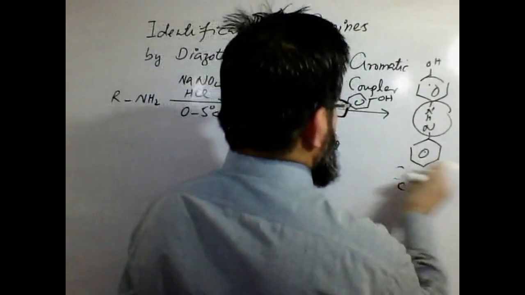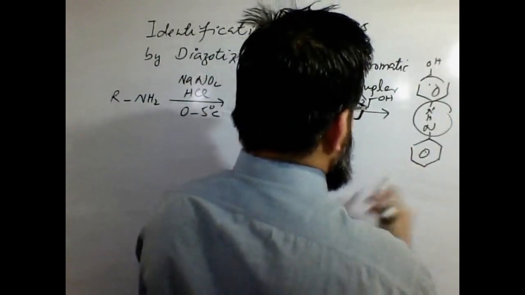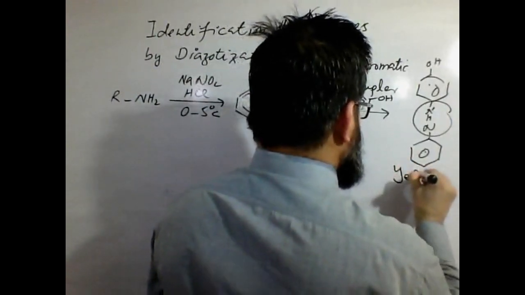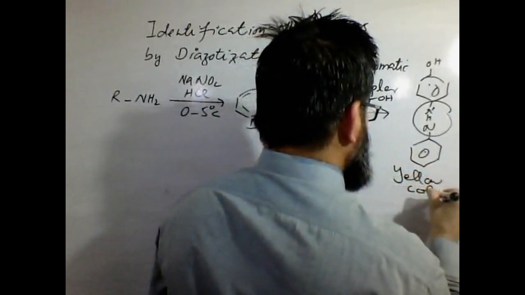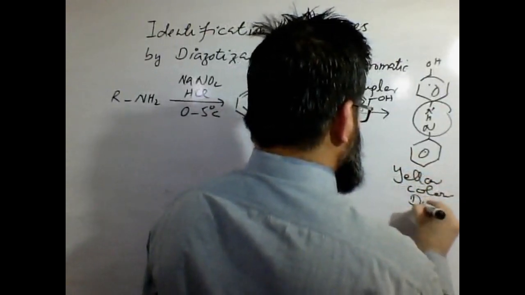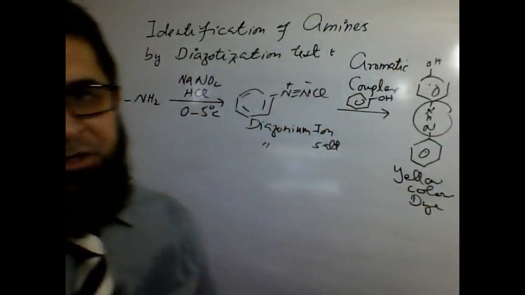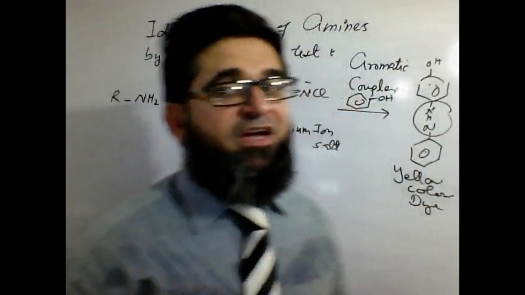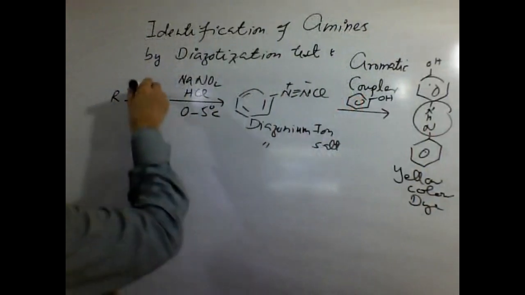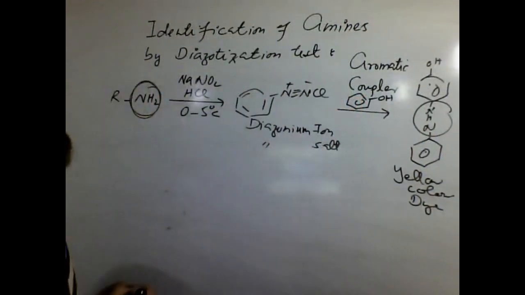I think its color is supposed to be a yellow color dye that appears in the flask. The appearance of the yellow color confirms the starting compound carries an amine.